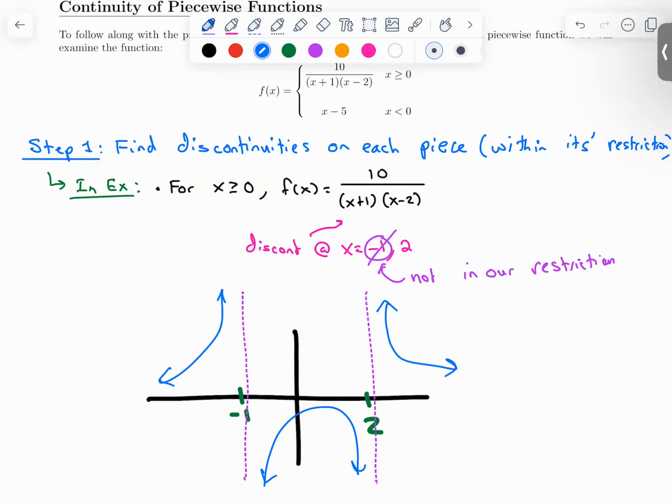That's the full function. But for us, we're only defined as that function right here. Our function only exists for values greater than or equal to 0. So we don't have that discontinuity at -1 because that's not even part of our function. Does that make sense? So be on the lookout for that.